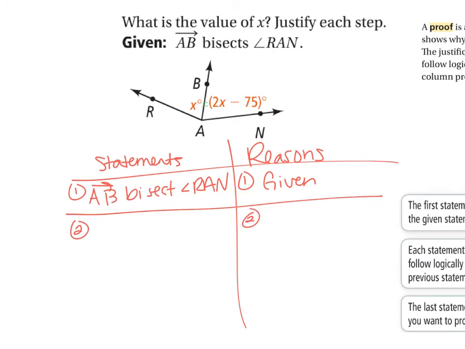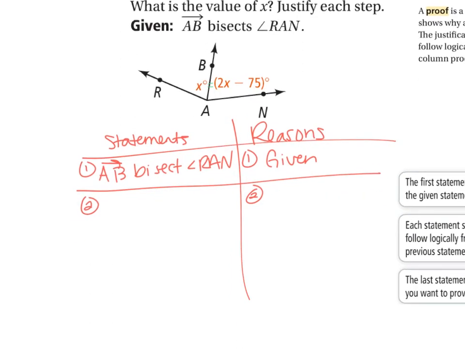What does it mean to bisect something? That means it splits it into 2 congruent angles. So that means angle RAB is congruent to angle BAN. And how do I know that? Because that's the definition of an angle bisector.